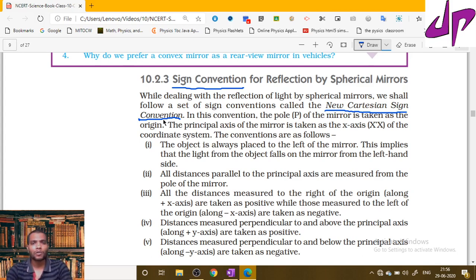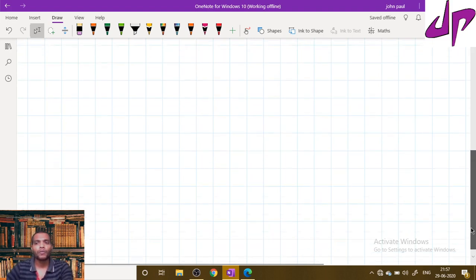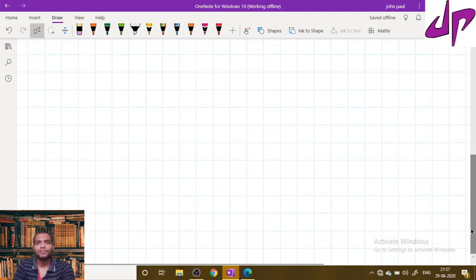Before that, I would like to recall your knowledge of what you already know about this. To explain more about the Cartesian sign convention, I would like to recall your knowledge by drawing a graph.